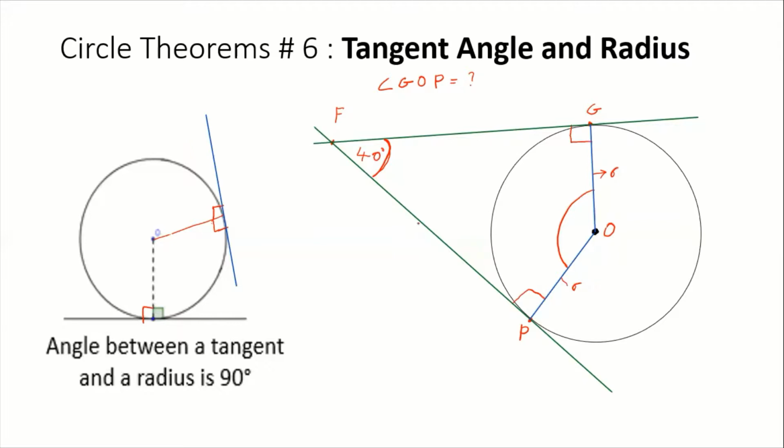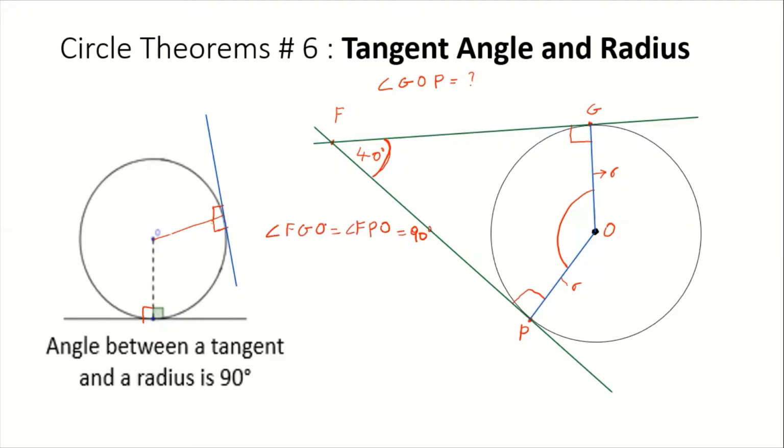So in answering this question, you could write a quick statement using the endpoints to say angle FGO, which is this angle here at G, is equal to angle FPO, which is also equal to 90 degrees.